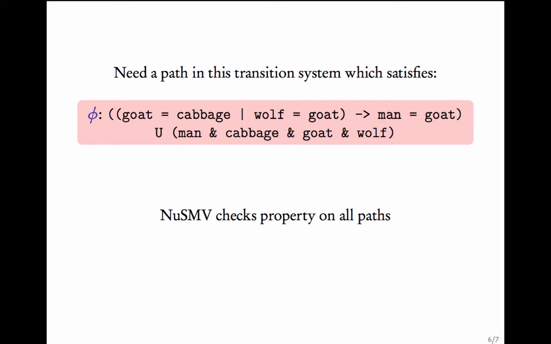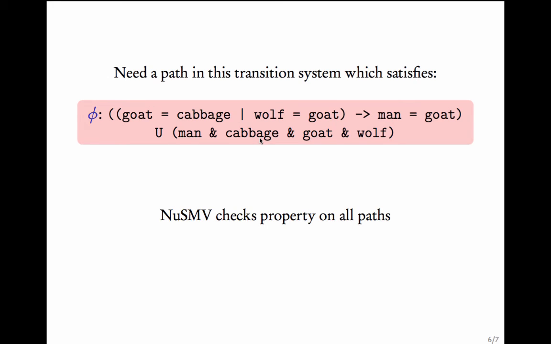A transition system satisfies a property if the set of traces are contained inside the words specified by the property. However, what we want is, clearly every path will not satisfy this. What we want is one particular path in the transition system which satisfies this.